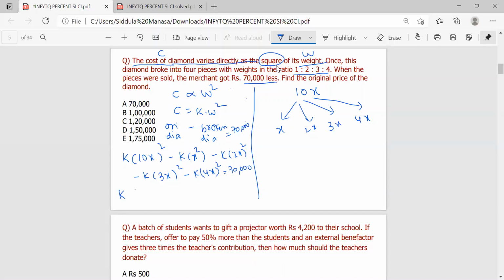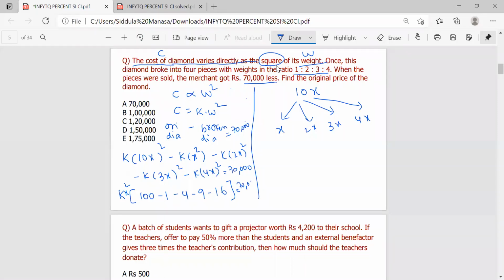Now if I take K common and x square common, why? Because we understood that x square is there. So what we have, 10 square will be what? 100, and 1 will be 1, 4, 9 and 16. So we know that 16 and 9 sum will be 25, 29 and 30.